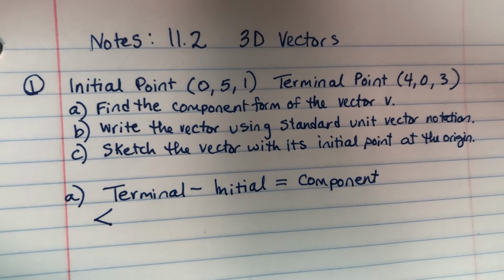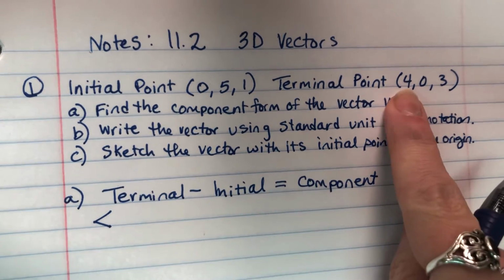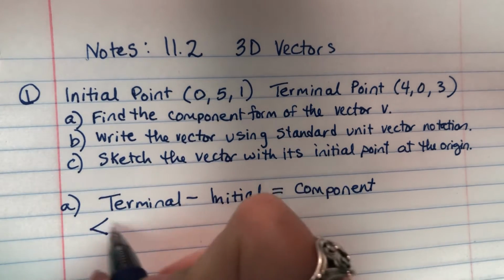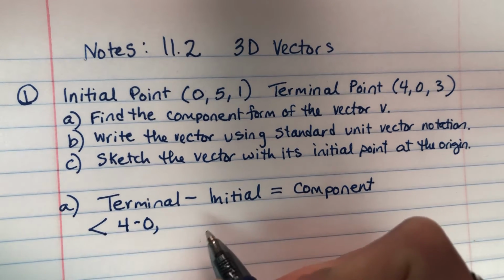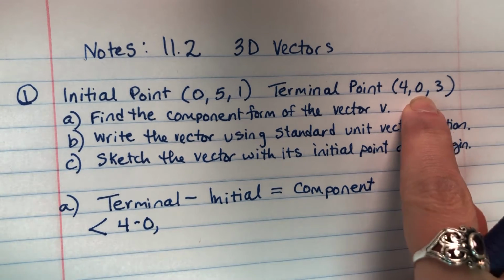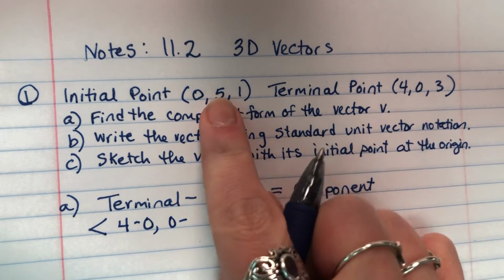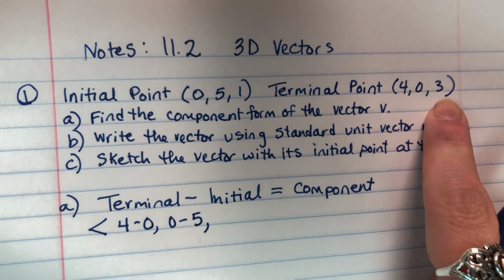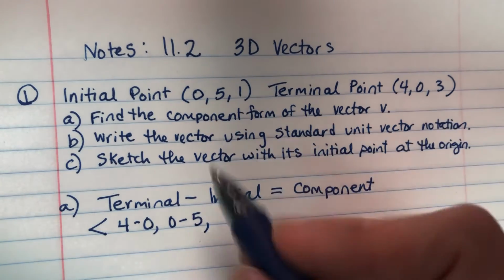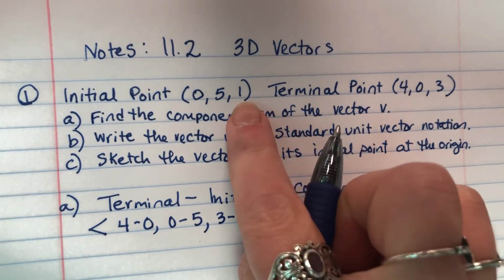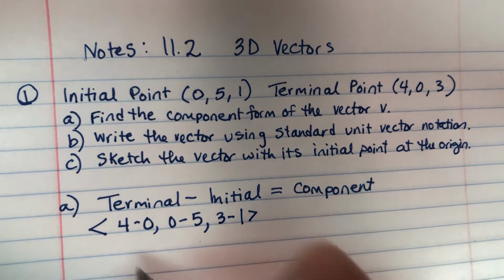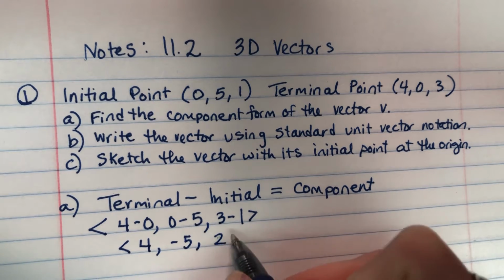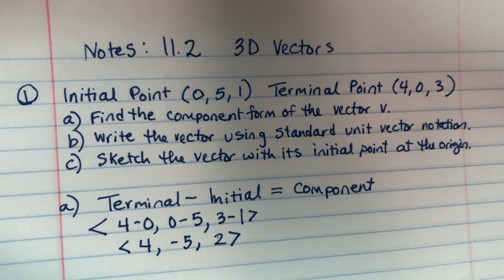So, we're going to go terminal x-coordinate 4 minus initial x-coordinate 0, then terminal y-coordinate 0 minus initial y-coordinate 5, and finally terminal z-coordinate 3 minus initial z-coordinate 1. And so that's going to give us 4, -5, 2. There's our component form of the vector.